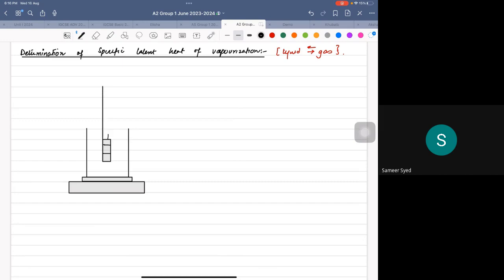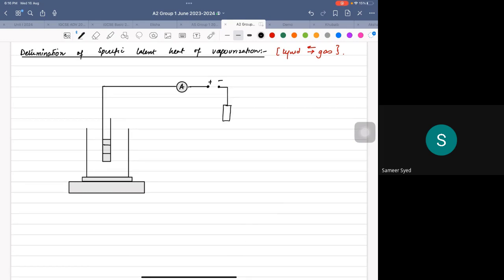just take out 2 wires from that and connect it with an ammeter, because we want to monitor the current. Then in series with the supply, and then in series with the variable resistor.